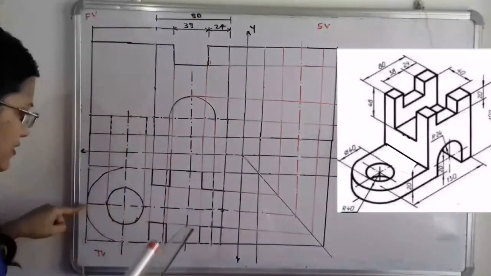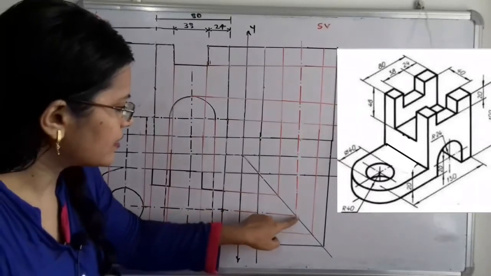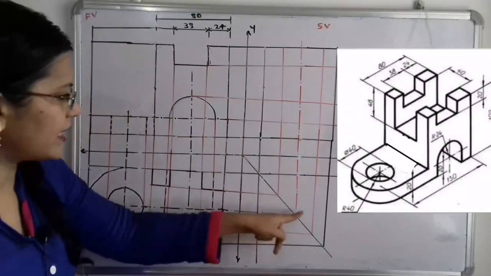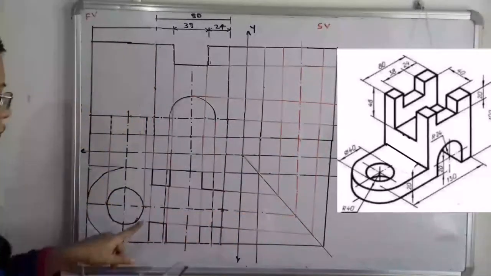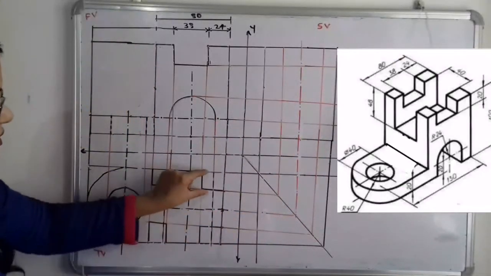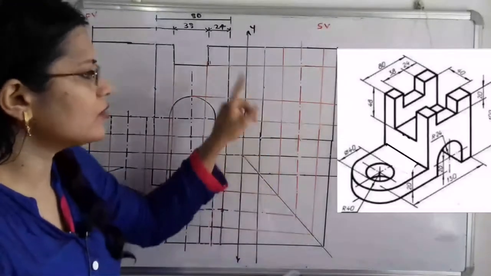First it is important to take the projection of this center line passing through the center, in the form of dash and dot. So I have taken it as it is, in the form of dash and dot. Then here is the construction of the blocks. From the end point we have to take the projections.